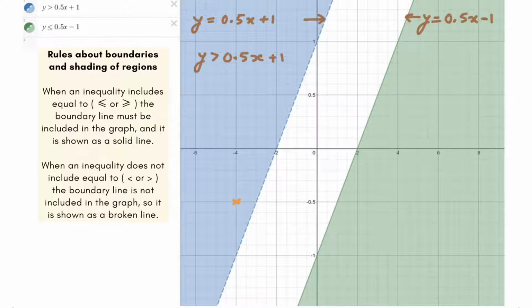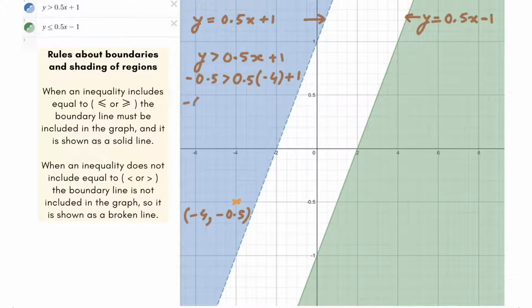Let me take the point as, say, negative 4, negative 0.5. We put the values of x and y into this inequality. So this will be negative 0.5 greater than 0.5 times negative 4 plus 1.